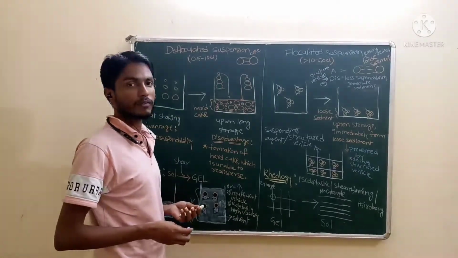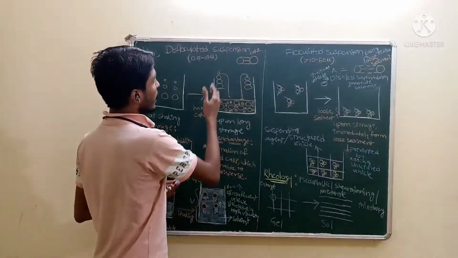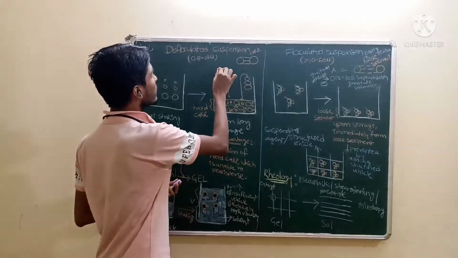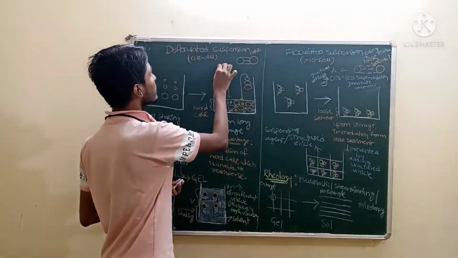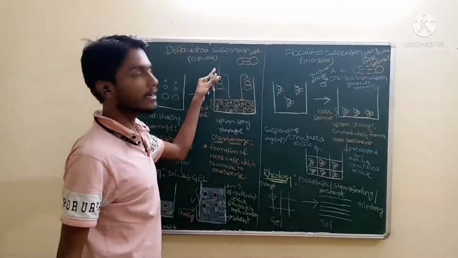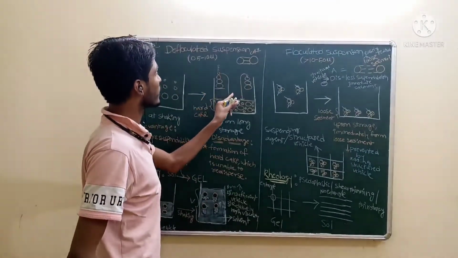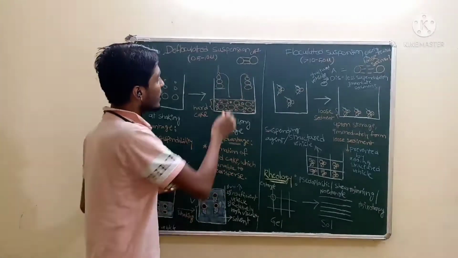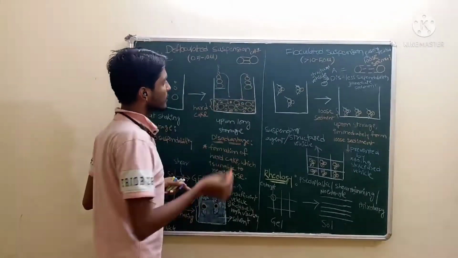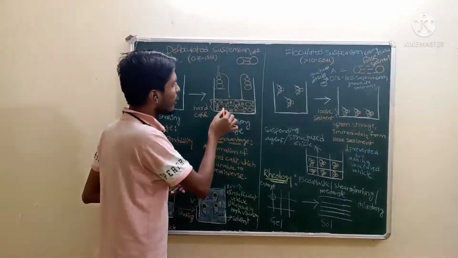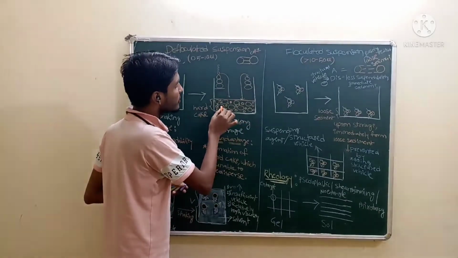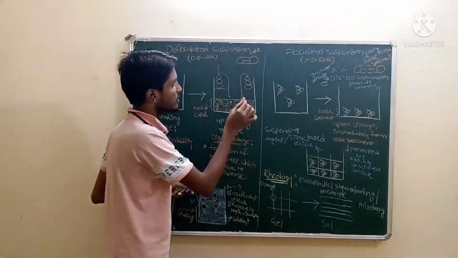After some time, the particles will grow like this. At a certain point, the particles will fall down like this. And the small particles will occupy the space present between the two large particles.